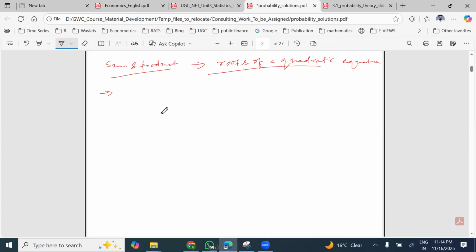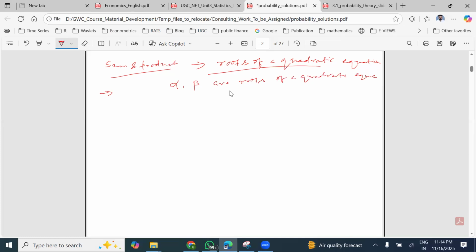So let's say any two numbers, alpha and beta, are roots of a quadratic equation.